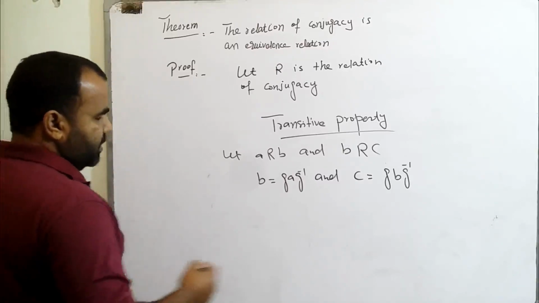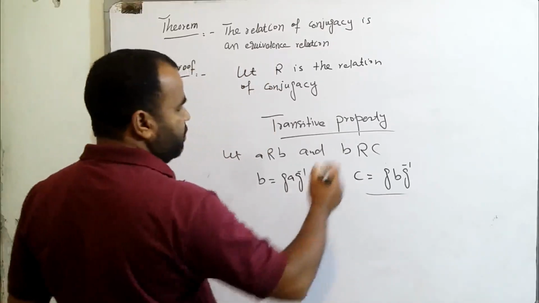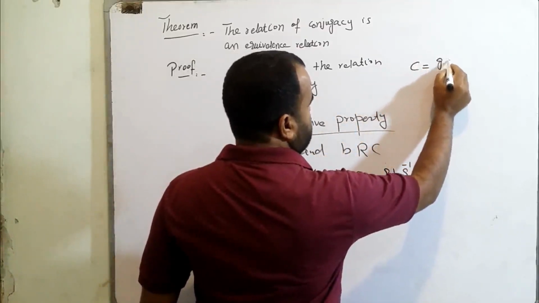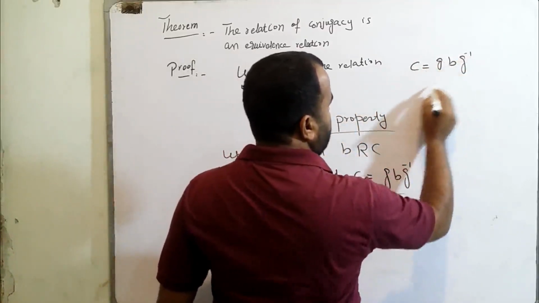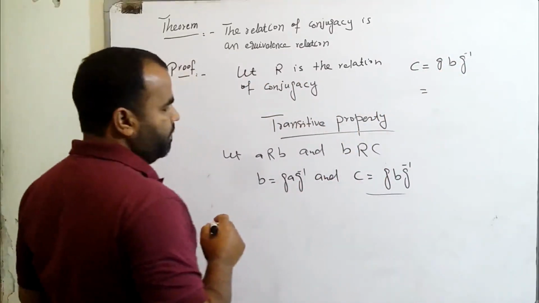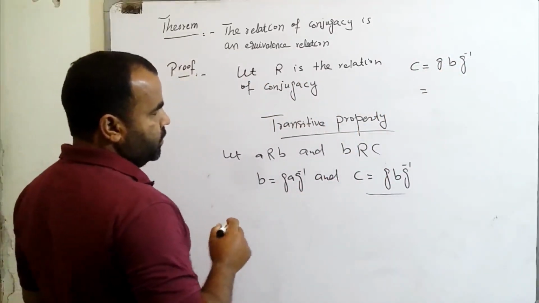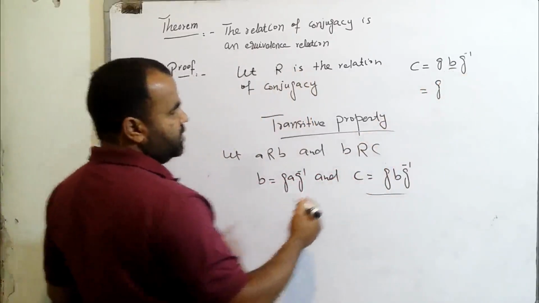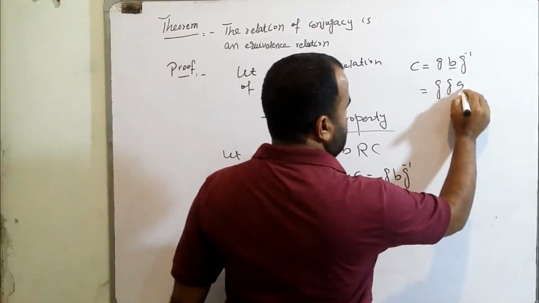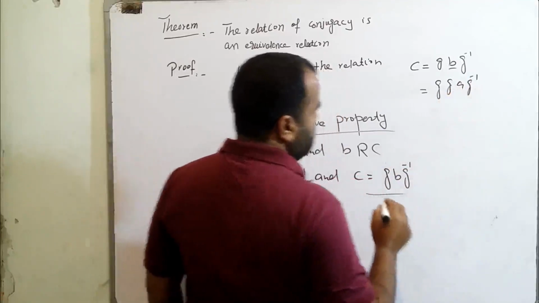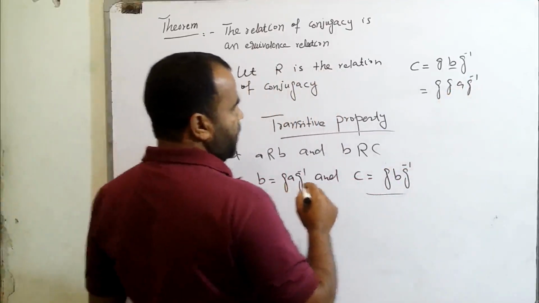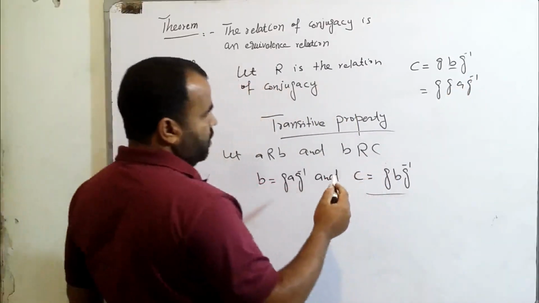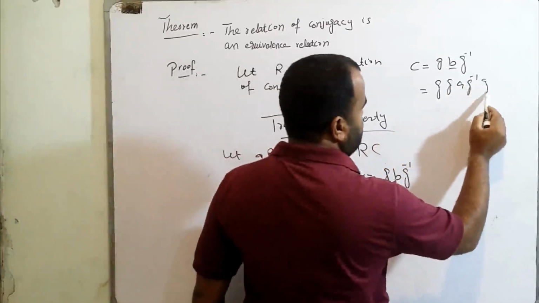So c = g b g^{-1}, and what is b? b is g^{-1} a g.